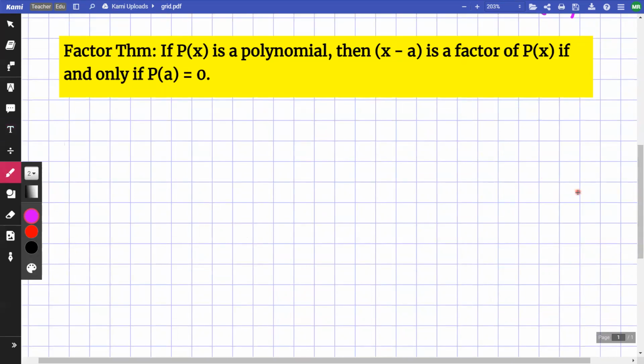So, for example, let's say that they gave us this situation.